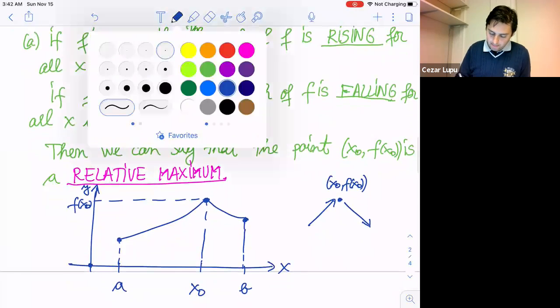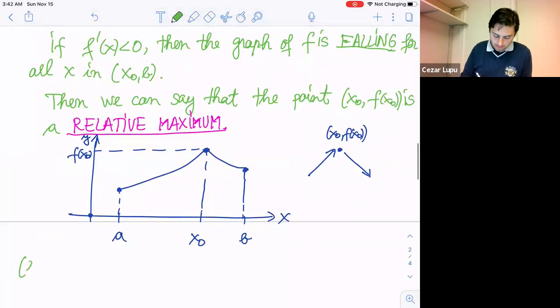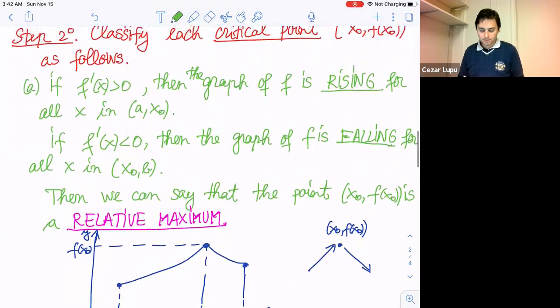Okay, B. F prime of x is less than 0. So we have this situation.